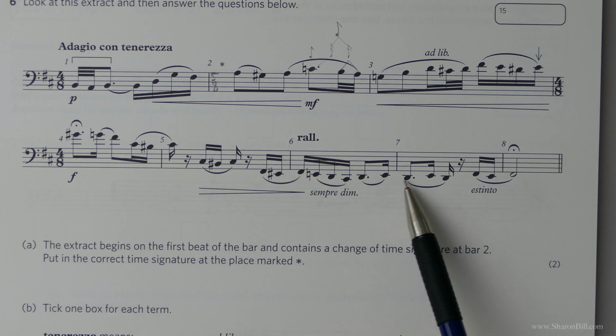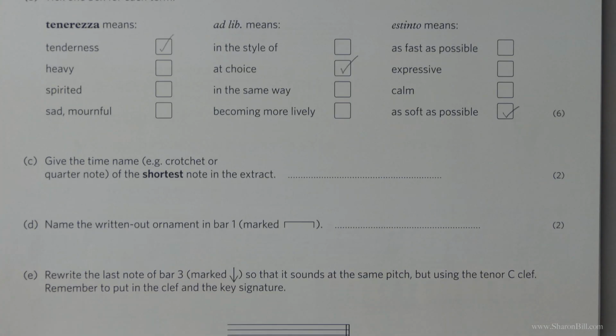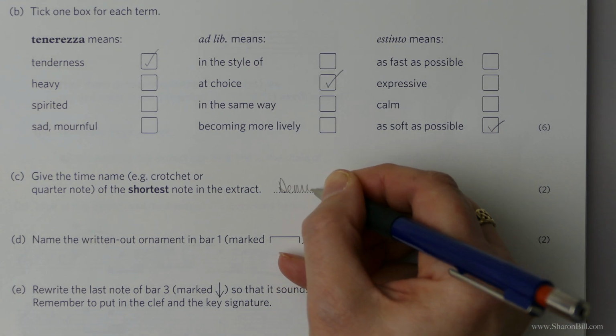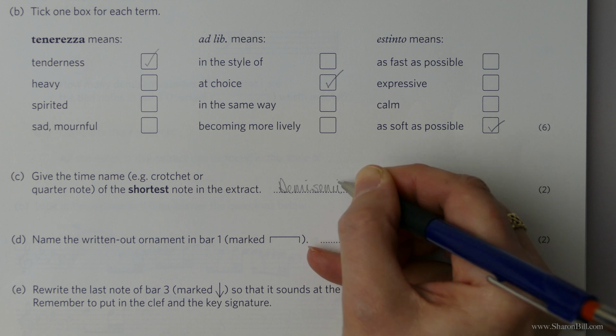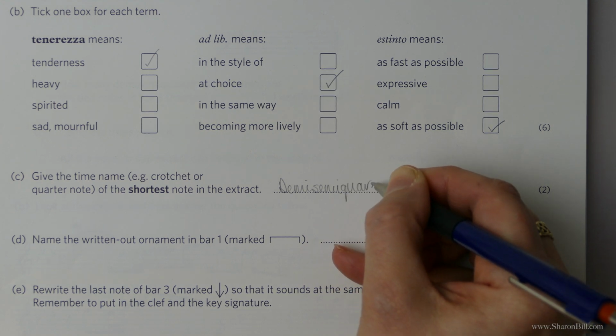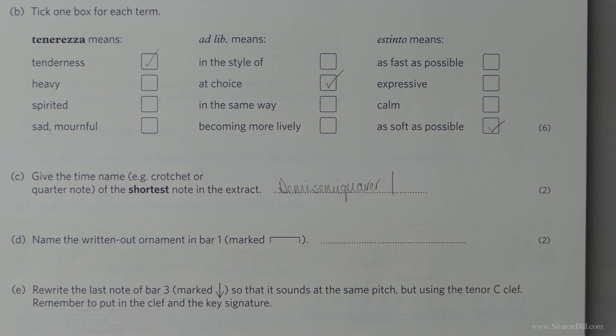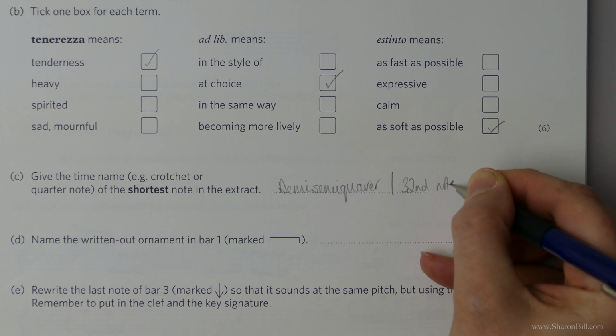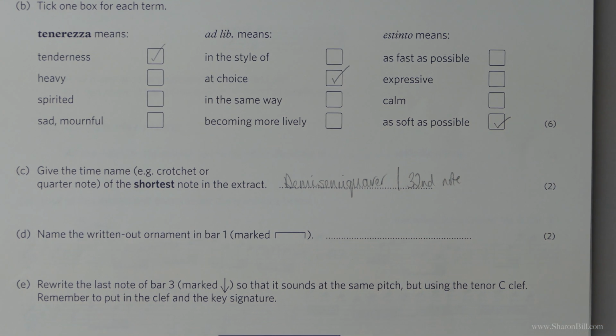It doesn't get any shorter than that, so it's that. So we could say demi-semiquaver, or alternatively, depending upon which terminology you use, you could call it a 32nd note. Either of those is accurate, it just depends what you're used to saying.